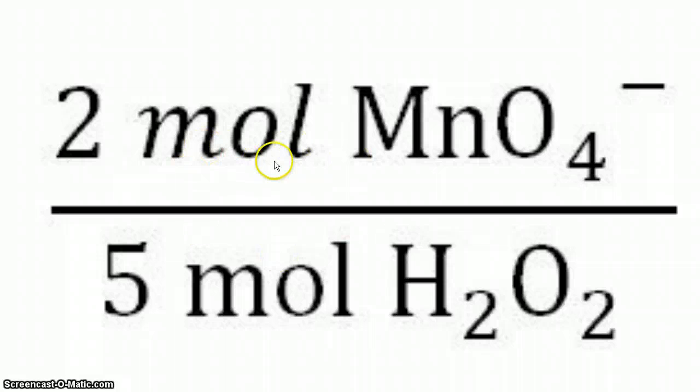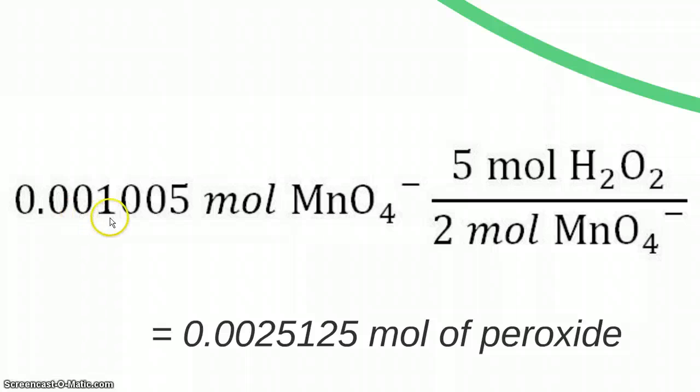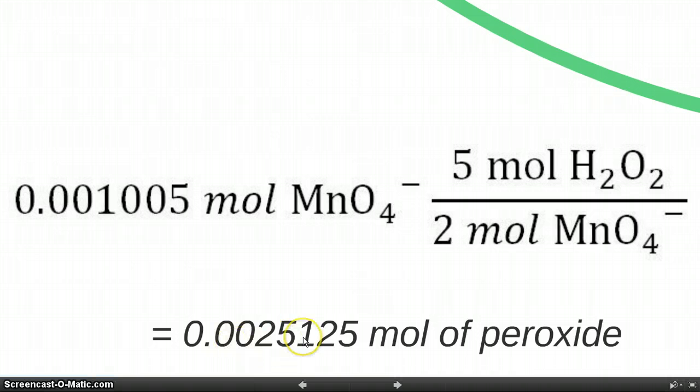We make the calculation by multiplying the number of moles of permanganate we calculated before by 5, corresponding to the stoichiometric coefficient of hydrogen peroxide, divided by the stoichiometric coefficient of permanganate in the reaction. And that gives us a number of moles of the peroxide equal to 0.0025125.